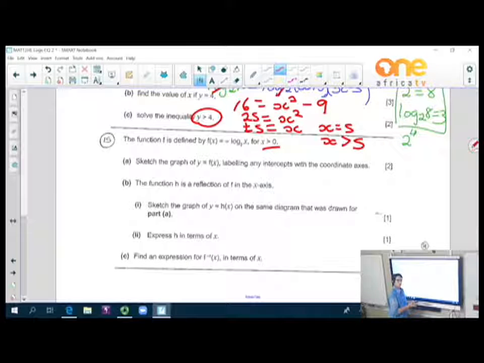If you cut the x-axis, y is 0. If you cut the y-axis, x is 0. So you'll have to substitute. Remember, this is y. You'll have to substitute a 0 in there and a 0 in there to find those places where it will cut it. How will we draw the graph? Set a table. Choose a scale to draw that one there.